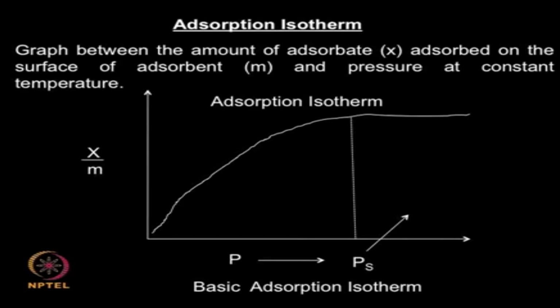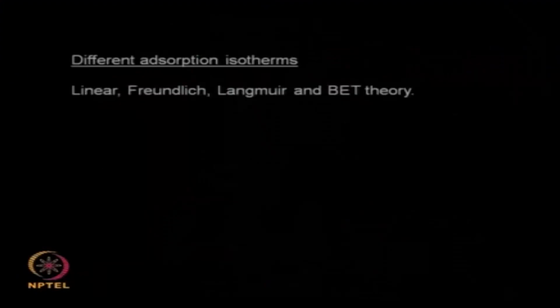But basically as you increase pressure, the amount that gets adsorbed keeps increasing and will plateau after some time at a constant temperature. I can have this type of curve at different temperatures as well, so I can have a series of adsorption isotherms at varying temperature that describes the entire adsorption process.